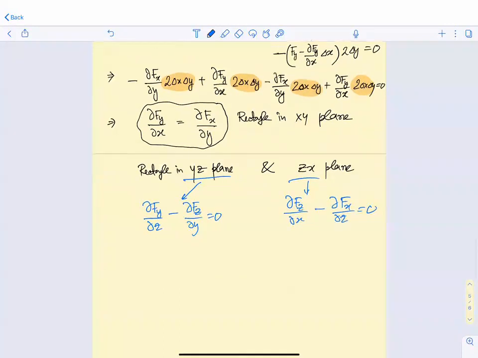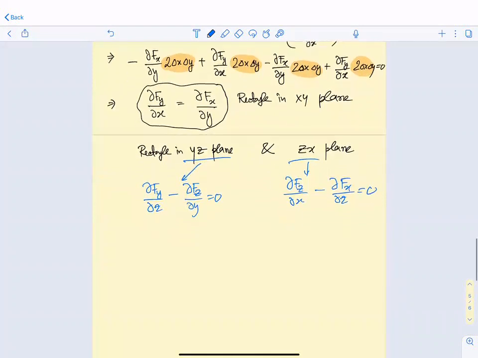So we get all these three. These three combined, you get curl f is equal to 0. All these three terms combined. From here you got this term del fy del x minus del fx del y is equal to 0.